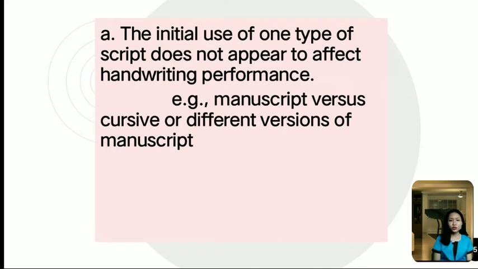Manuscript is writing that consists of unjoined letters made with lines and circles, and is often taught in elementary school, while cursive is a form of penmanship that uses a flowing style to make writing faster, and it is always looped and connected. Whether manuscript or cursive is taught to the student doesn't affect their writing performance.